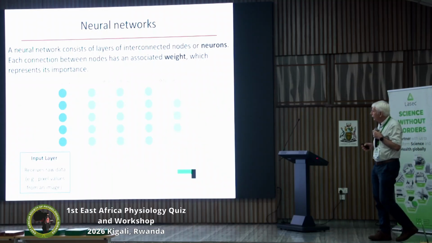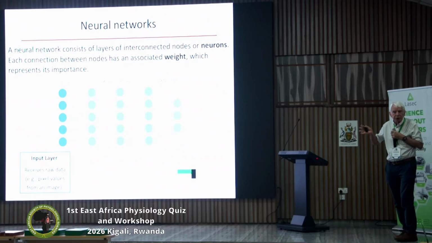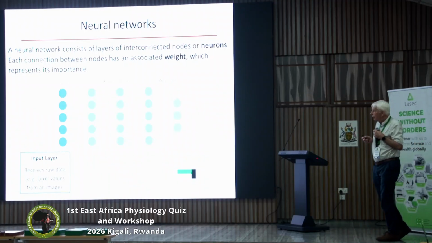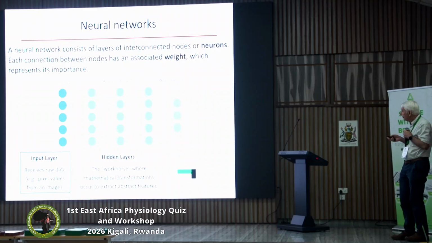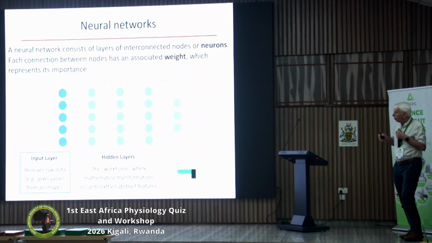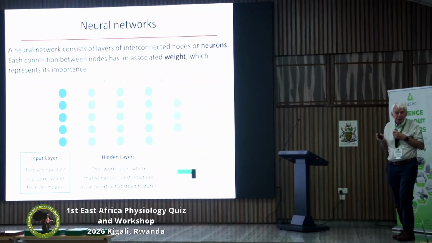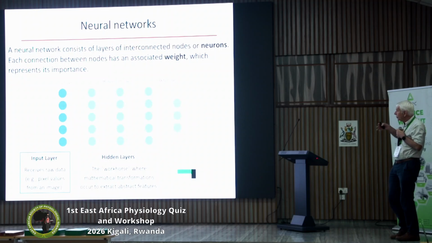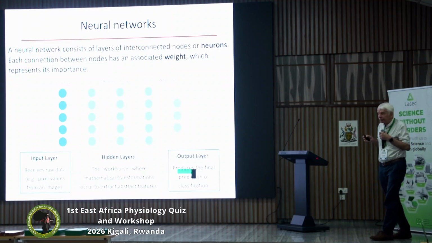The input layer receives data, for instance pixels from a photograph, from an image. The internal part, the hidden layers, are actually the workhorse where mathematical calculations are done, which are used to extract abstract features from an image.